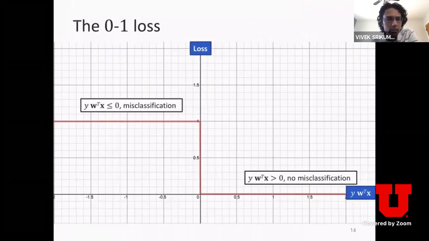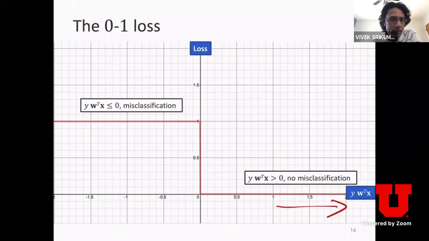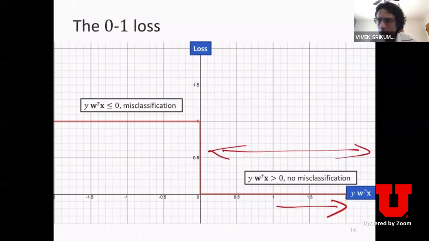And that's where this graphical thing shows up. The horizontal axis here is y W transpose X, and the vertical axis is the loss. Remember, when y W transpose X is positive, both y and W transpose X, the score for that example, have the same sign, so there should be no loss. It doesn't matter how far it becomes positive or how close it becomes to 0; as long as it's positive, the number of points that this classifier, which is completely defined by W, loses is 0.